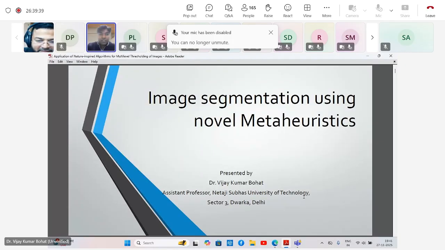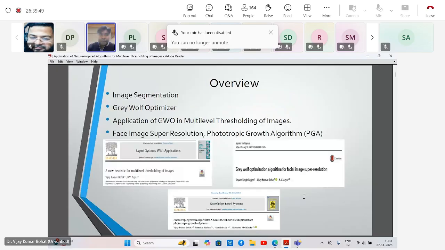Good evening, all participants. I'm Dr. Vijay Kumar Bohat. Today I'm presenting my topic, image segmentation using novel meta-heuristics. So in this talk, I will cover a very popular nature-inspired meta-heuristic that I've used and got publications in many prestigious journals, Grey Wolf Optimizer, and its application in multi-level thresholding of images.